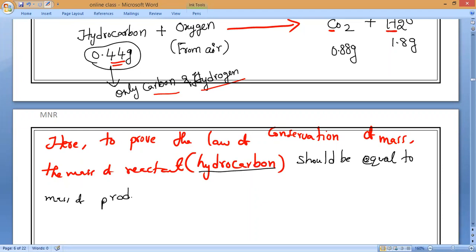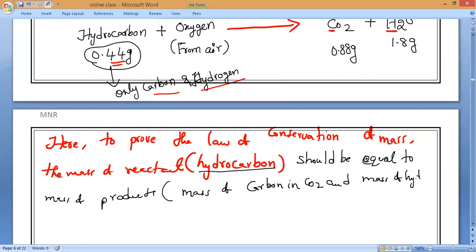Mass of products means the mass of carbon in CO2 and the mass of hydrogen in water, H2O. So that is what we have to prove.